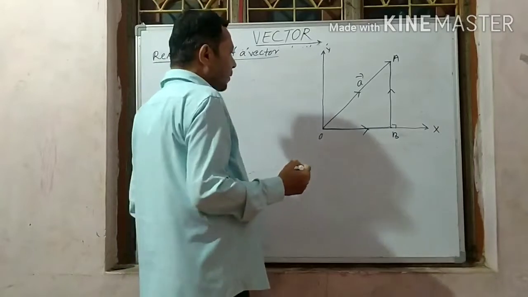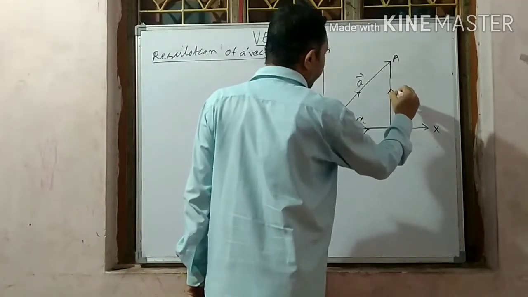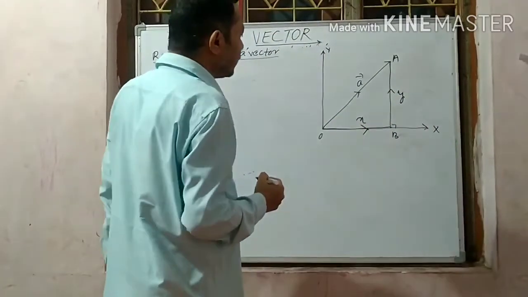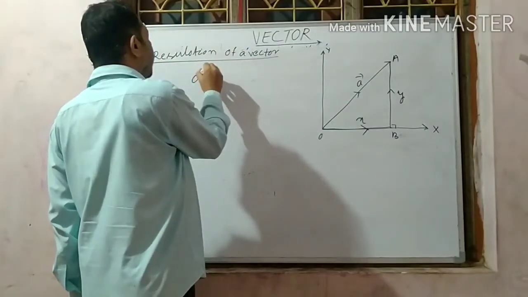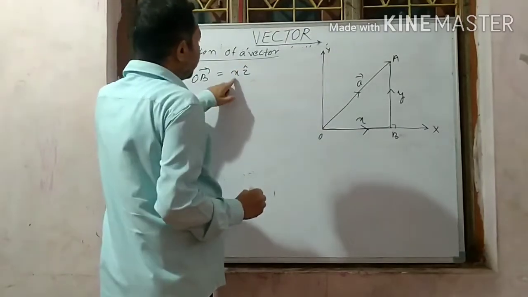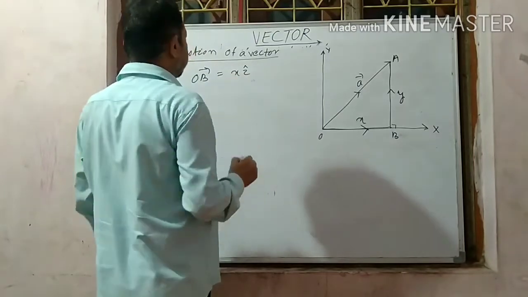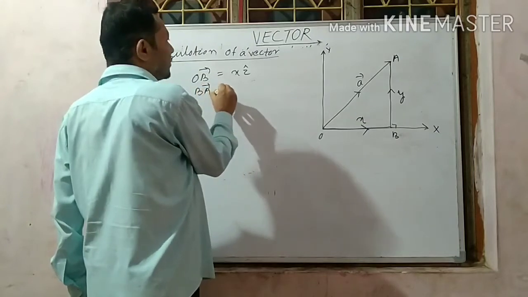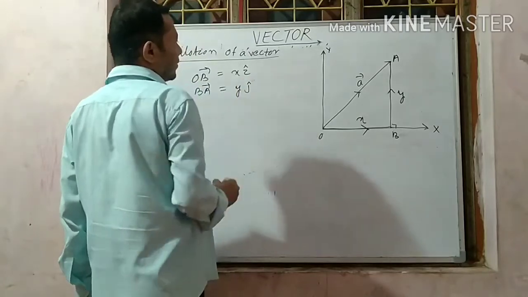So if the magnitude in this direction is x and in this direction is y, then you know the vector OB can be written as x i cap, the magnitude along x axis and the direction along x axis. And vector BA can be written as y j cap.